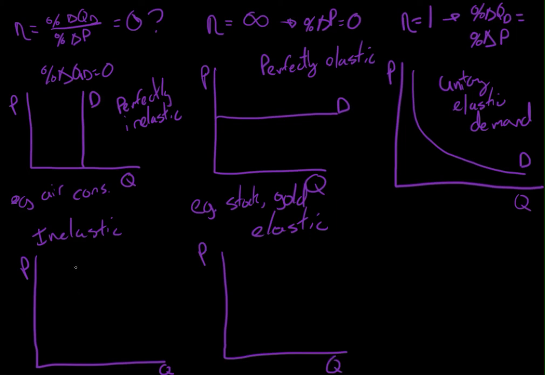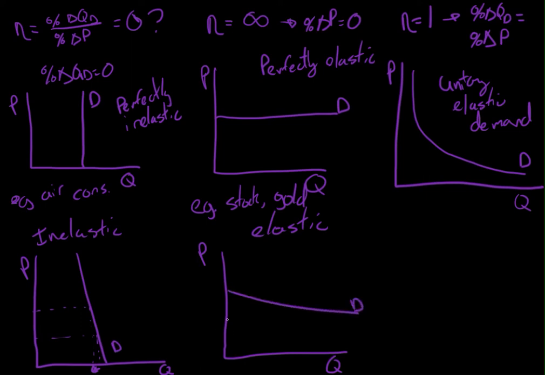So here, price can change drastically, going from this amount to practically double the price, but I've noticed that my change in quantity is very small. Whereas over here, my demand curve could be really flat.